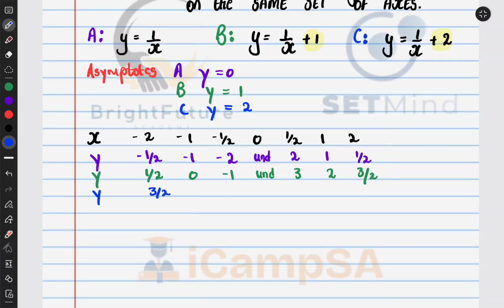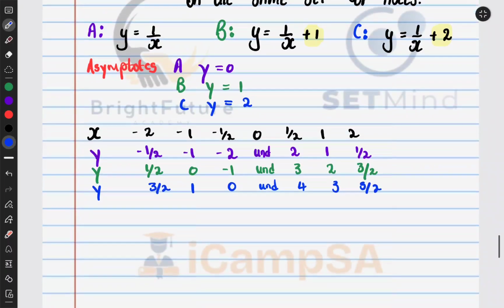Then -1 plus 2 is going to be 1, and -2 plus 2 will be 0. We have undefined there, we can't divide by 0. Then 2 plus 2 will be 4, 1 plus 2 will be 3, and half plus 2 is 5 over 2. So those are the corresponding values for the c function.